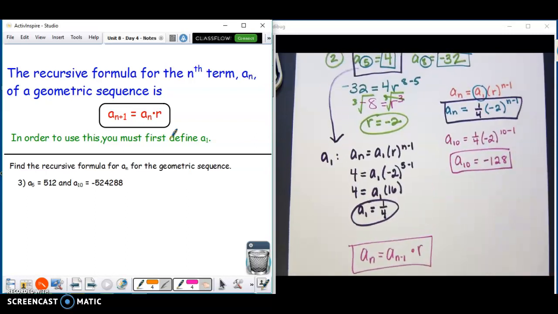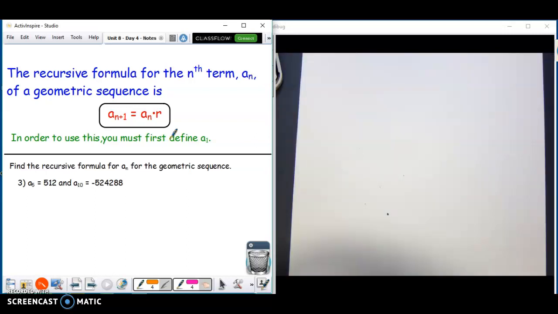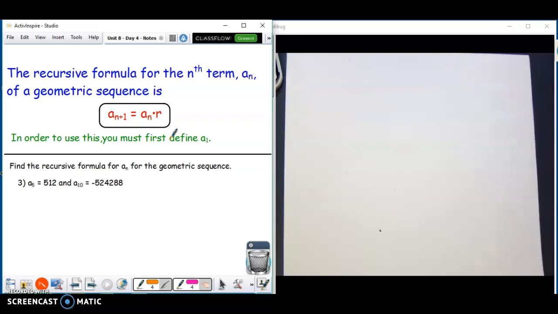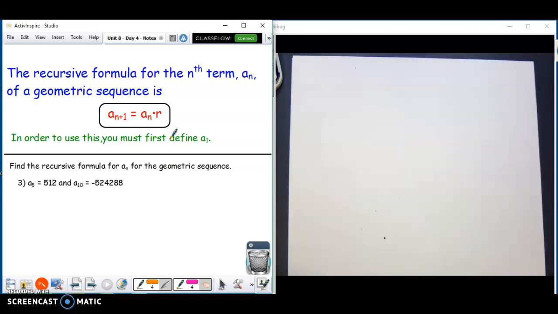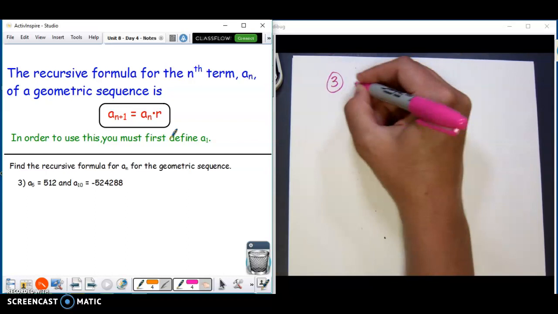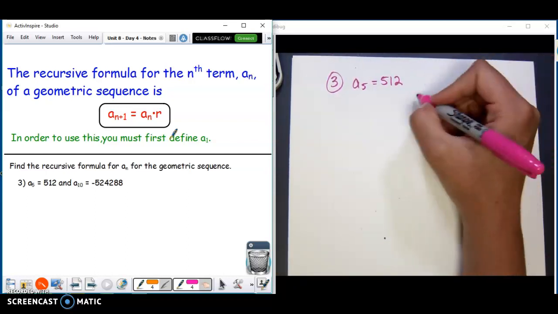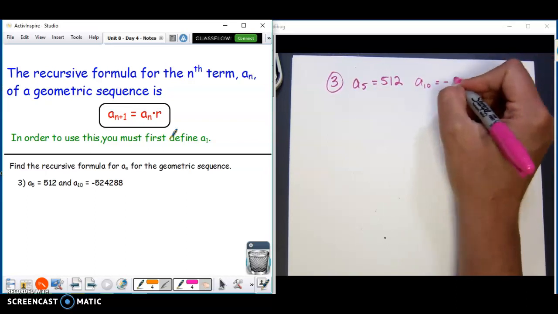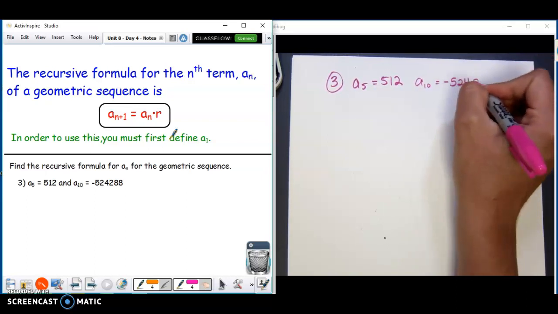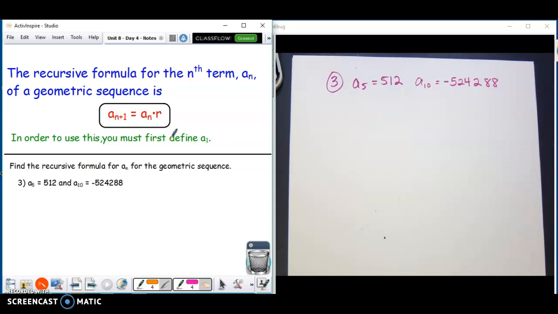So for number 3, they want us to find the recursive formula for this geometric sequence. So they're going to give us a sub 5, and they give us a sub 10. Okay, so just like with the rest of them, if they give you two terms like this, you want to go ahead and find your ratio first.